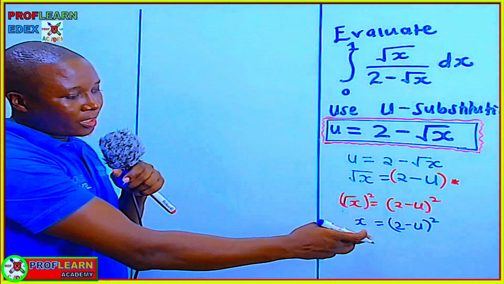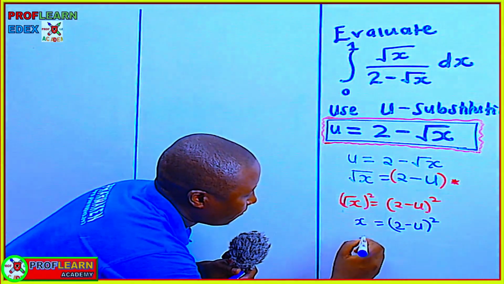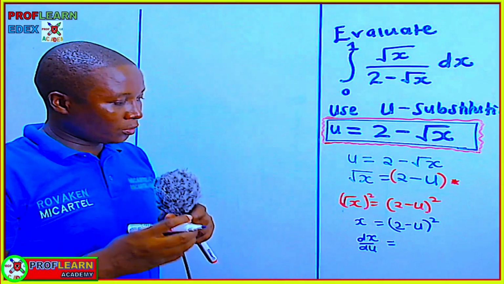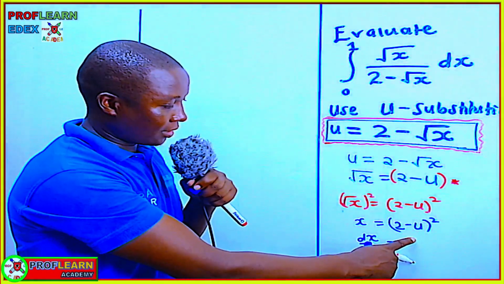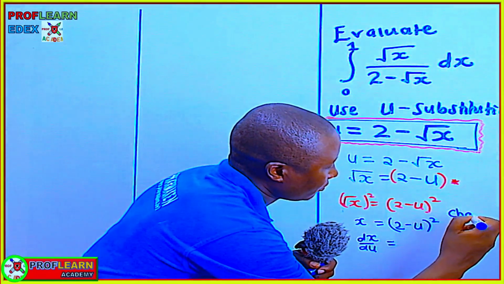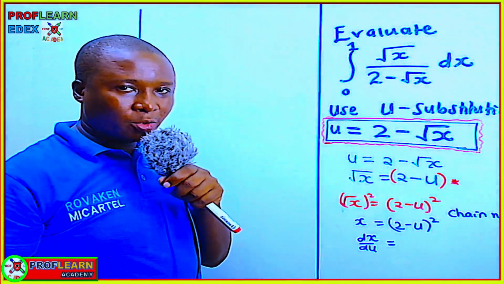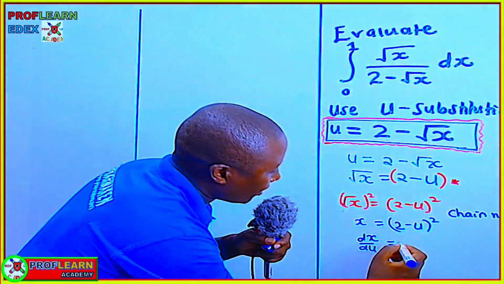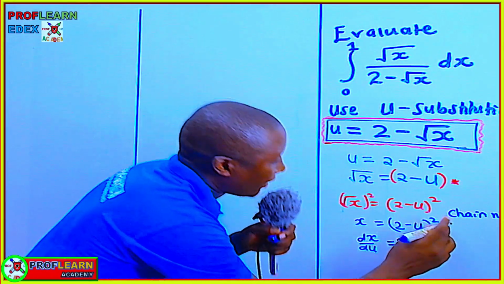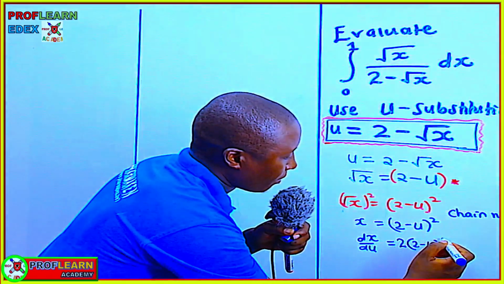Now I want to differentiate this function with respect to u. So dx du is going to be equal to, if I differentiate this part, we use what we call the chain rule. Using the chain rule, the power will be brought down, so we shall have 2 into 2 minus u, and we decrease the power by 1, so 2 minus 1 is power 1.